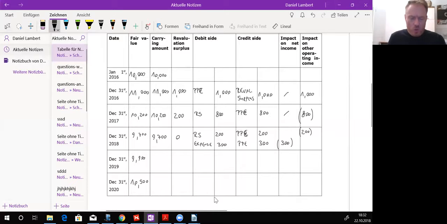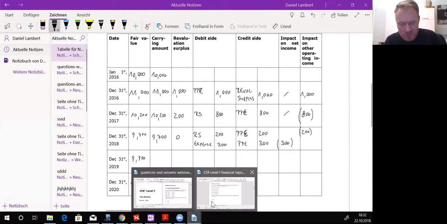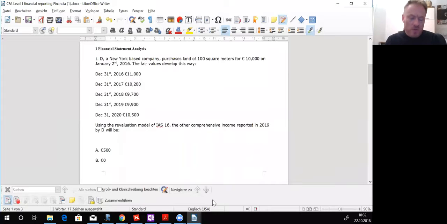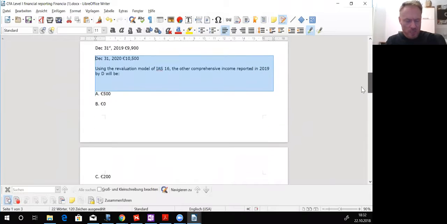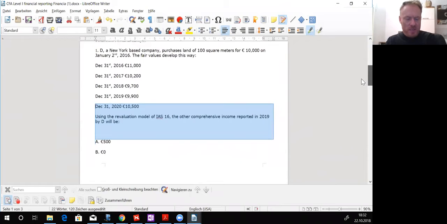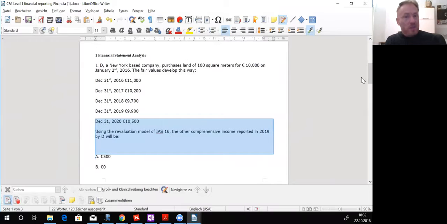Next period, oh yeah, we need the next period to be able to answer the question, because the question was, using the revaluation model of IAS 16, the other comprehensive income in the year 2019 will be 500 or will be 0 or will be 200. Those are the three answers that are given here. And exactly one of them is true, the others are not.